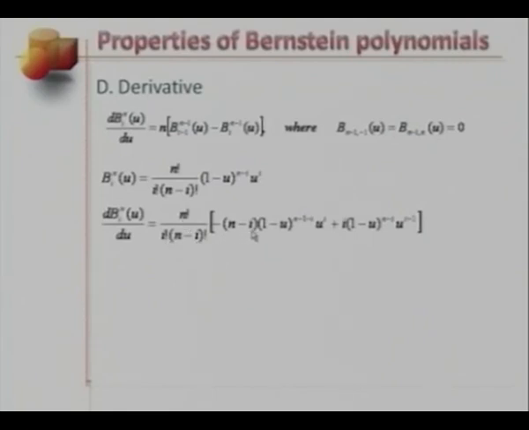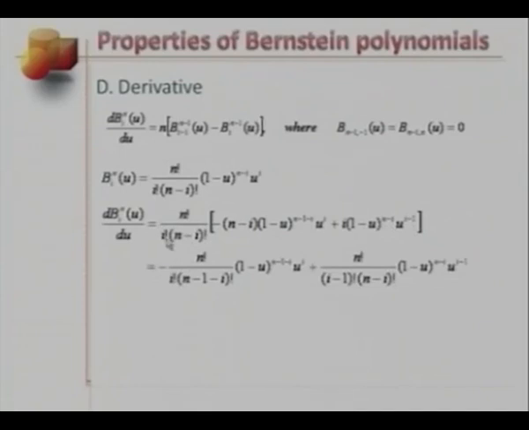This is (n minus i) times (1 minus u) raised to n minus i minus 1, and there would be a negative sign over here if we differentiate this term with respect to u, plus i times (1 minus u) raised to n minus i times u raised to i minus 1.